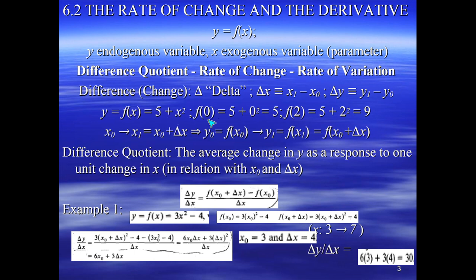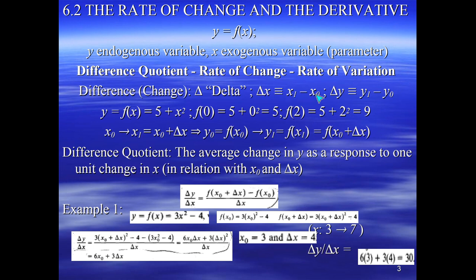Great. At the initial position, for instance, we have x0, which is 0. And at the final position, we have x1, which is 2. So the x, the variable x or the parameter x, augments from 0 to 2. It changes. What is the change in x when x goes from x0 to x1? x1 is x0 plus delta x.